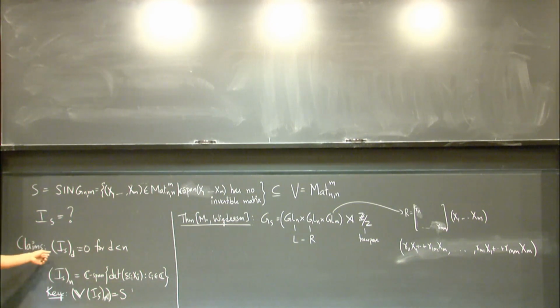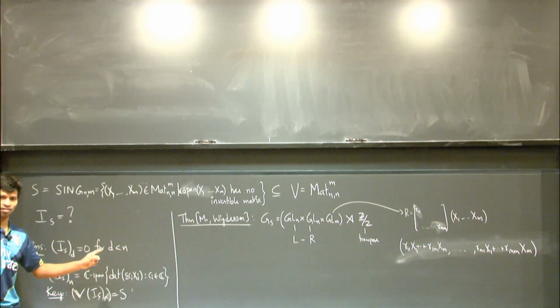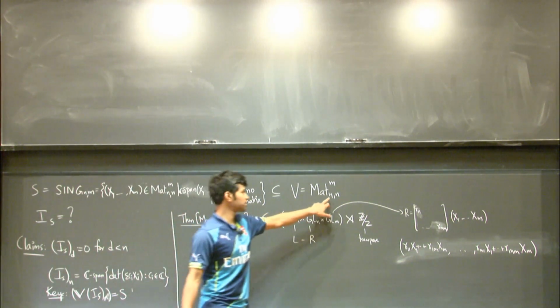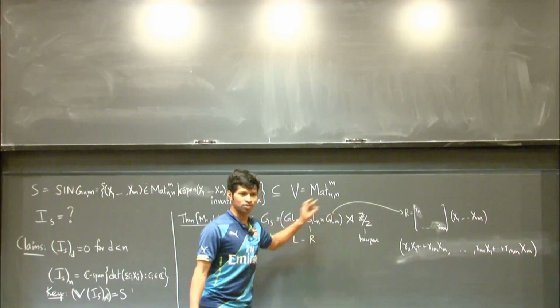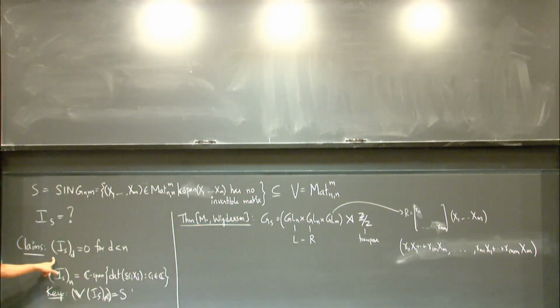And I'm telling you that the degree d part is going to be 0 if d is less than n. This is an exercise. Everybody should be able to prove this if you think for just a little bit. You have to say what it means if the ideal is homogeneous.